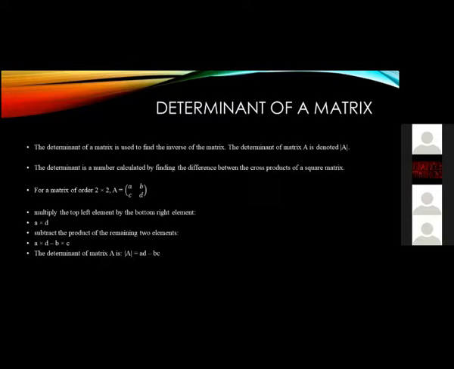Multiply the top left element by the bottom right element, a times d. Subtract the product of the remaining two elements, b times c. The determinant of matrix H is det H equals ad minus bc.